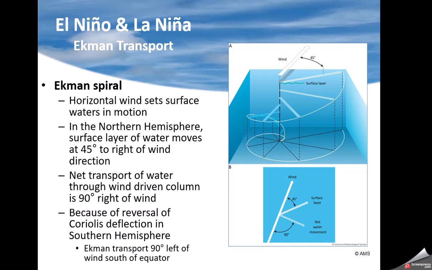The water will actually turn to the right with time. And as that happens, you wind up spinning it around so that it actually comes towards shore and pushes the low-level water upwards. So the longer a southwest wind occurs along the eastern United States, the cooler the water may become, all because of the Ekman spiral. It also occurs along the equator.